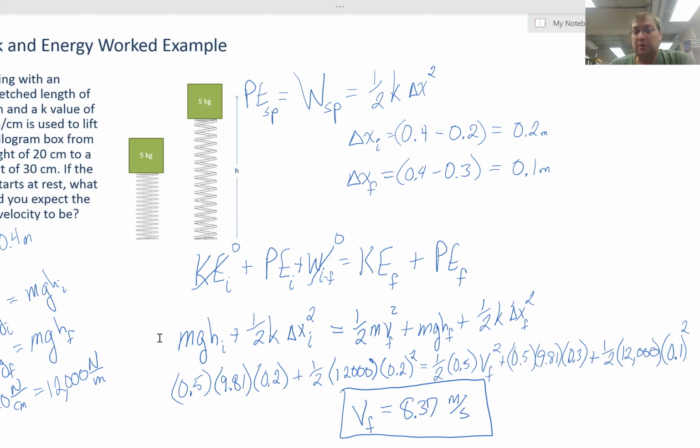And how, as a result of conservation of energy, we build up speed, in this case a final velocity of 8.37 meters per second. Thank you.